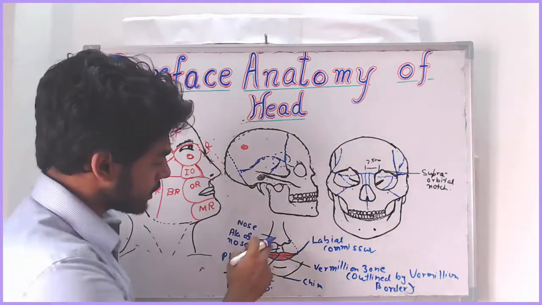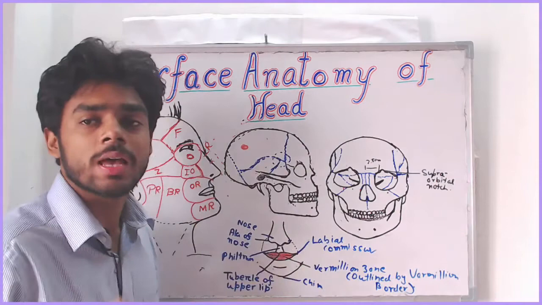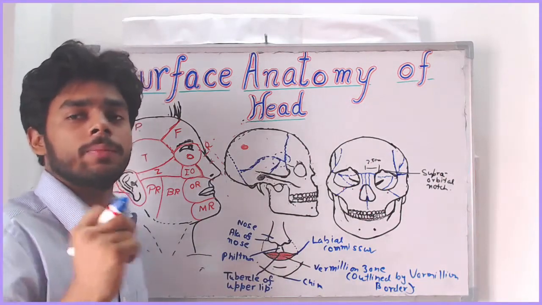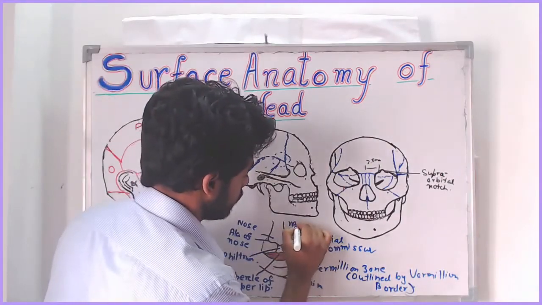Since it connects the nasal part and the labial part, this groove is called the nasolabial sulcus.